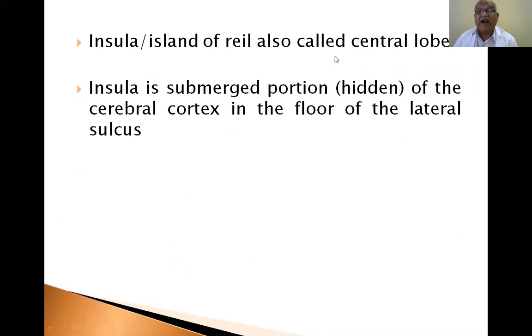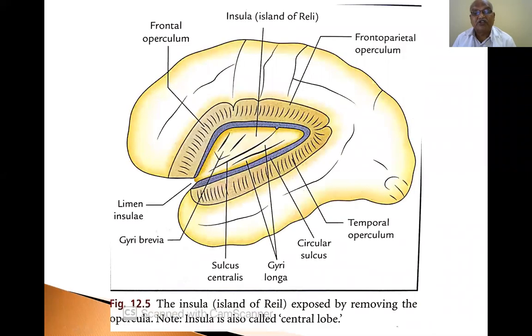The insula, island of Reil, is also called the central lobe. That is the fifth lobe. The insula is the submerged portion hidden in the cerebral cortex, in the floor of the lateral sulcus. Already I told you where the insula is. If you want to see the insula, you have to remove certain parts of the brain: the frontal lobe, parietal lobe, and temporal lobe. The occipital lobe is not concerned with it.